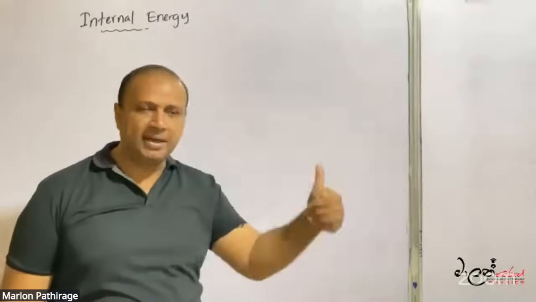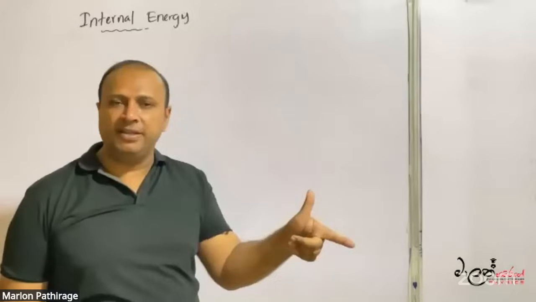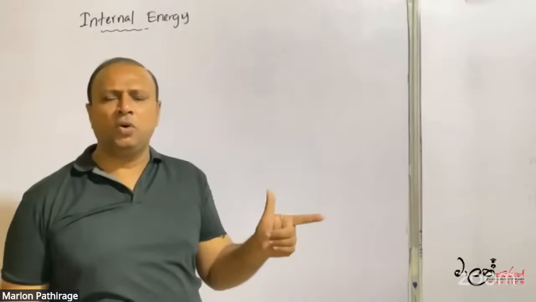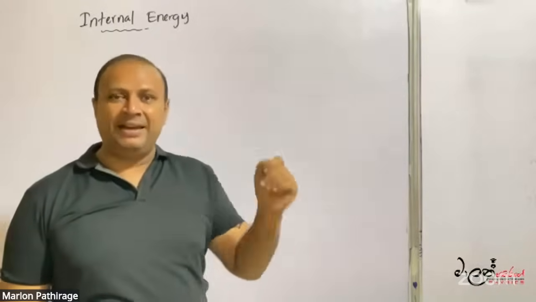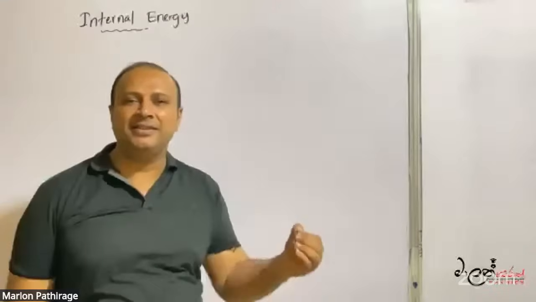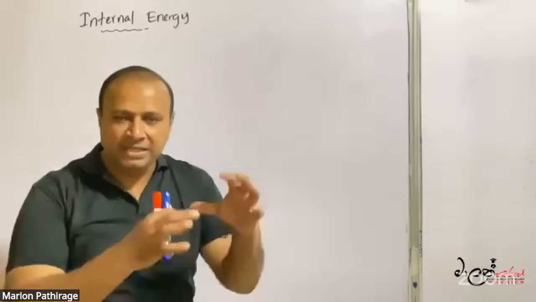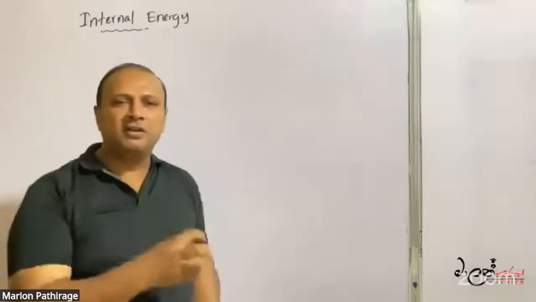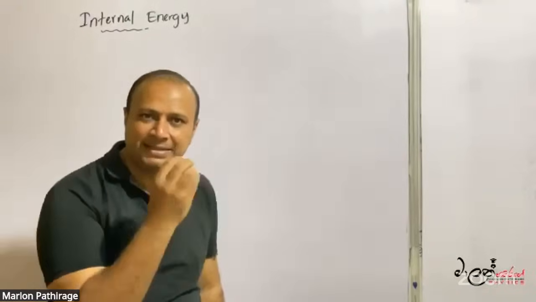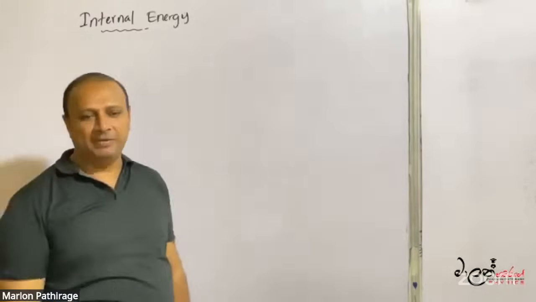One is kinetic energy due to their motions. Second one is potential energy due to intermolecular bonds. So if we take the total kinetic energy plus potential energy, that is the internal energy. The total energy involved with internal kinetic and potential energies is called the internal energy of that particle.